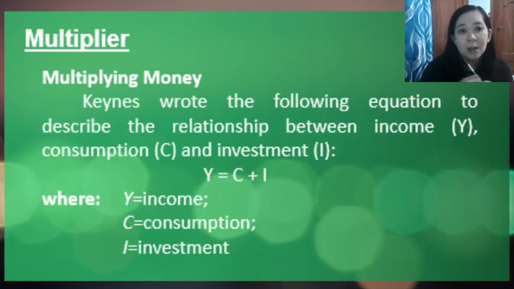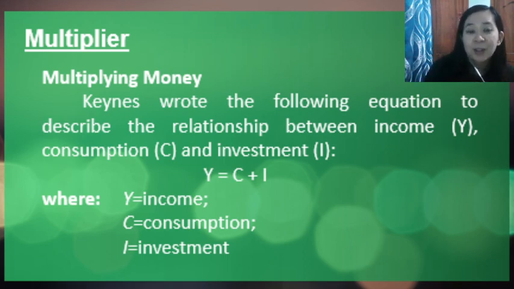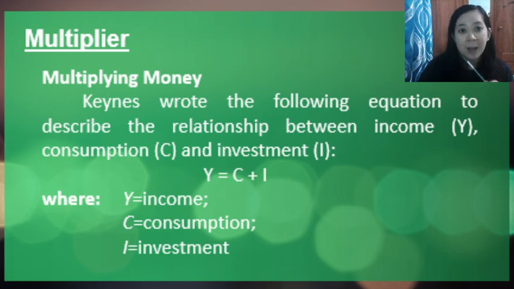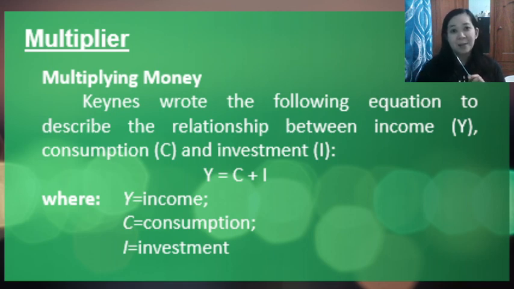Keynes wrote the following equation to describe the relationship between income and consumption as well as investment. Your income, or Y, is equal to consumption plus investment. This is also the same as with savings. If you still remember, income is equal to consumption plus saving. But in this case, based on Keynes' theory, he differentiated savings from investment.